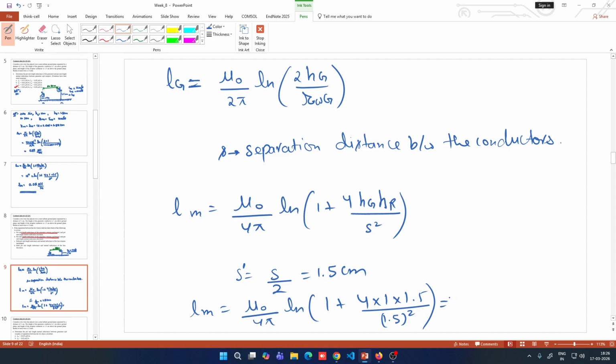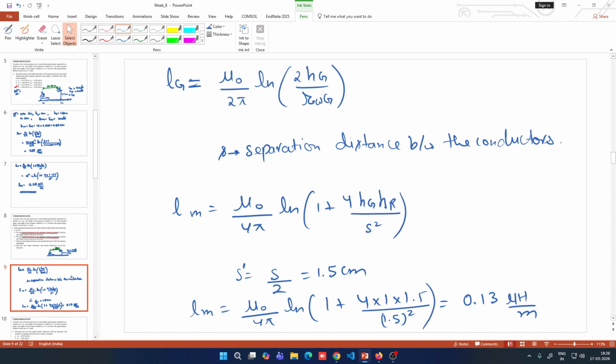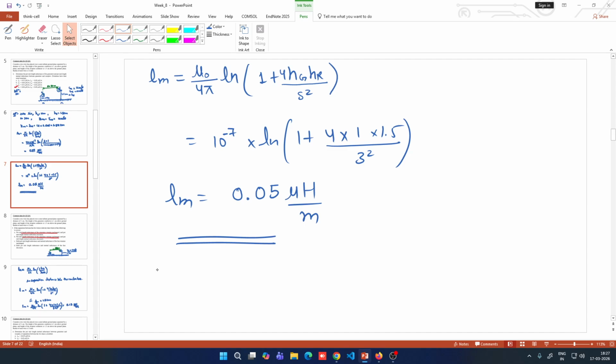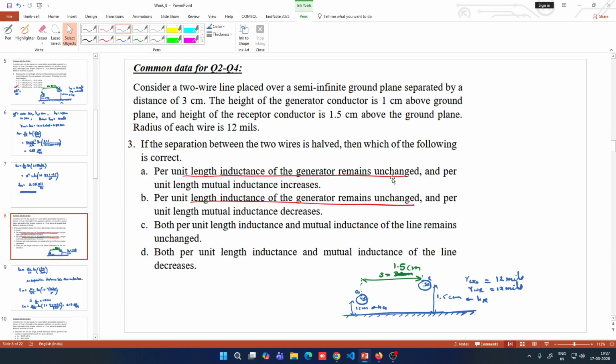When we solve it, we get 0.13 microhenry per meter. So Lg remains unchanged, but Lm is increased. Earlier it was 0.05 microhenry per meter, but now it is 0.13 microhenry per meter. Option A says per unit length mutual inductance increases. Yes, so the correct option is option A.